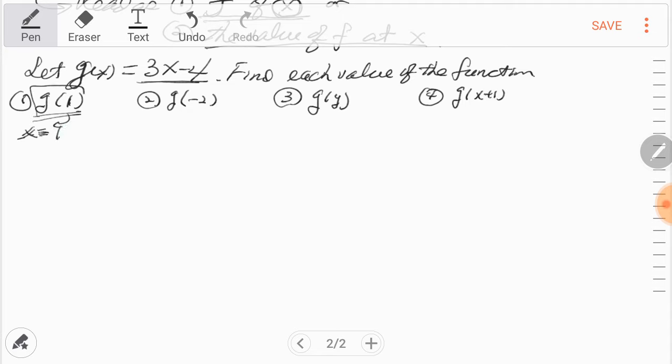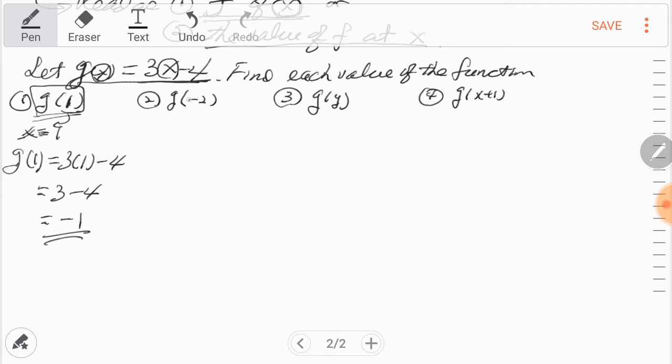What we have to do is just replace the x with 1. Then 3 times 1 minus 4 equals 3 minus 4, so negative 1. So the value of this function is negative 1 at x equals 1.